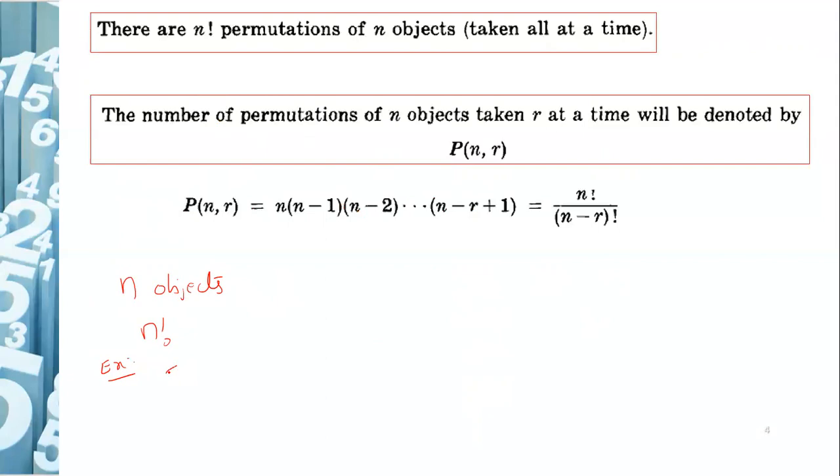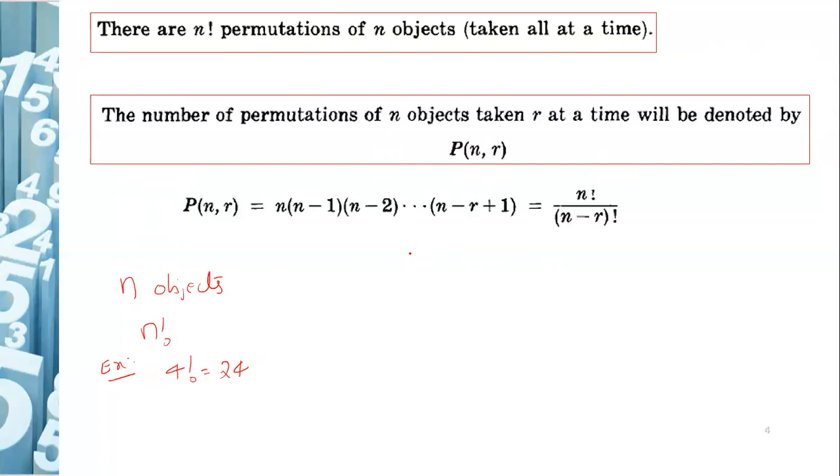How many ways can you do it? There are 4 factorial ways, that is 24. These are four books, such as mathematics, physics, chemistry, mechanics, and they can be arranged, first maths, second chemistry, like that. Totally 24 possibilities. So n objects can be arranged in a row in n factorial ways.